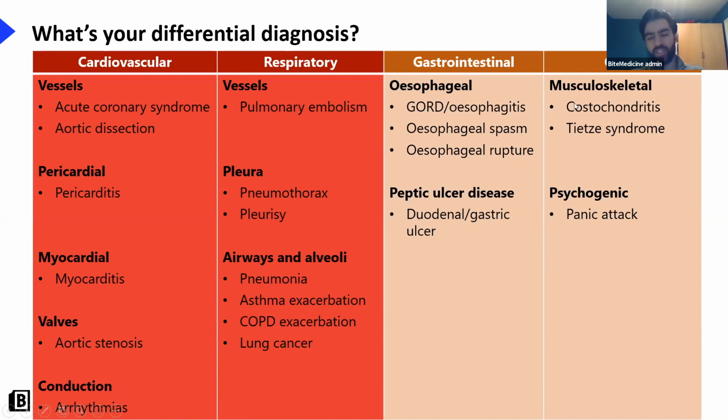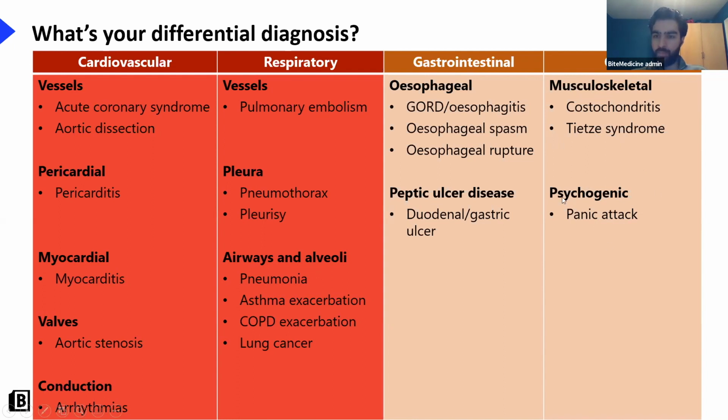Other causes, so musculoskeletal: costochondritis, that's inflammation of the costochondral junction. Tietze syndrome, that's an inflammatory disease of the costochondral junction, and it's typically a diagnosis of exclusion. Someone said rib fracture, so that would also fall under musculoskeletal, but rib fractures in general aren't an urgent diagnosis.